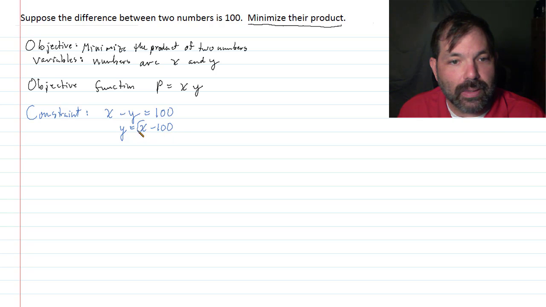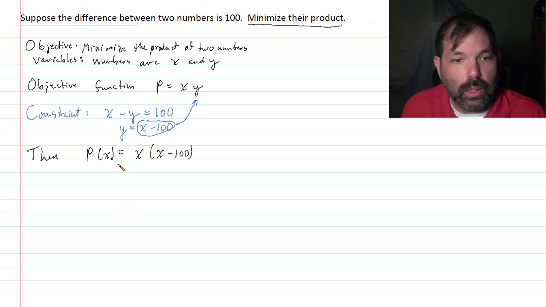So now I can take this x minus 100 and use it to replace the y in the objective function, and now I'll have the objective function solely as a function of one variable. So then the objective function becomes P of x, and it would be x times x minus 100. And so P of x is equal to x squared minus 100x.